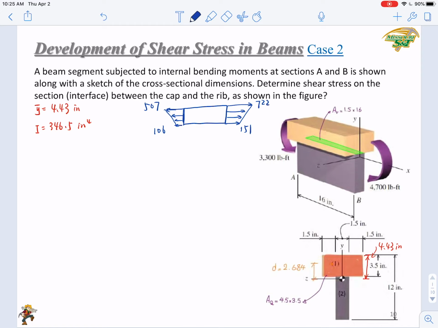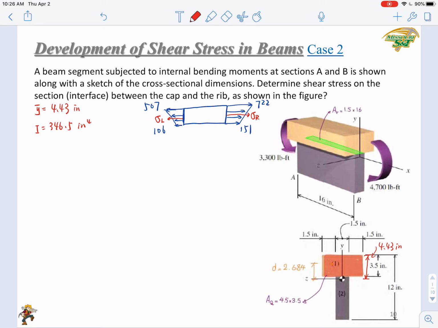Then the delta F. In the same way, we can calculate the average stress here, sigma L and sigma R, and calculate the equivalent forces on the left-hand side and the right-hand side.